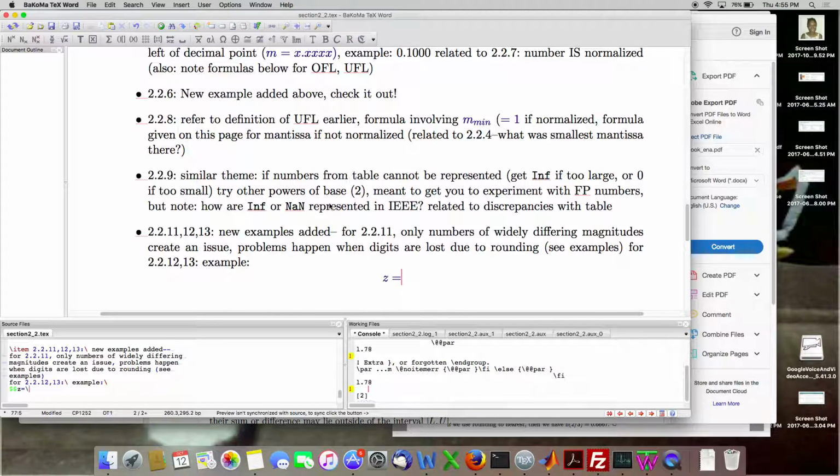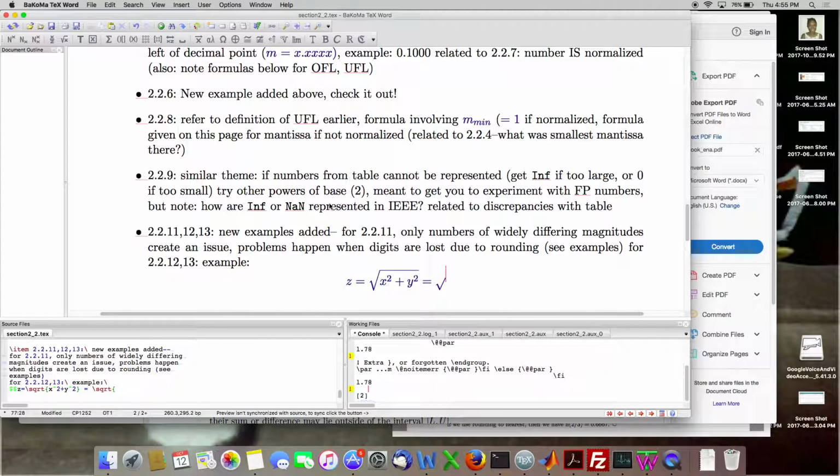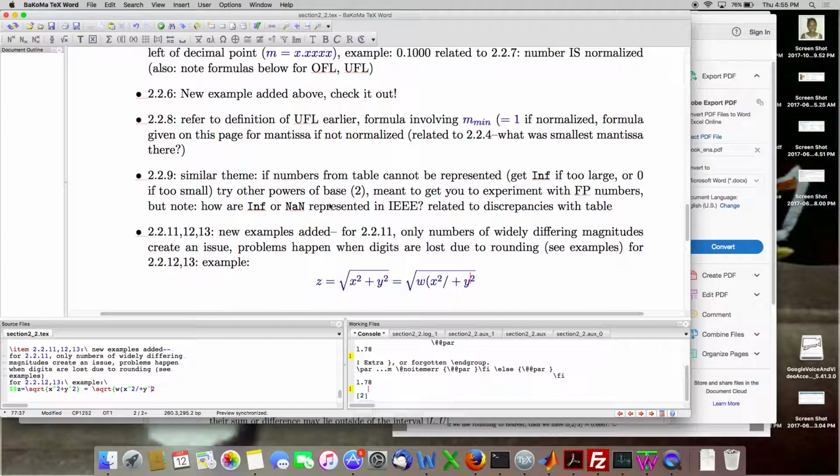So if you're computing z, which is the square root of x squared plus y squared, what I could do is, if I want to factor something out, anything out at all, I even said in class, my exact words, you can factor out a w. Yes, there's no w, but you can just put one in there, as long as you compensate for it. Because as you can see, the two expressions are identical. All I've done is multiplied and divided by w.